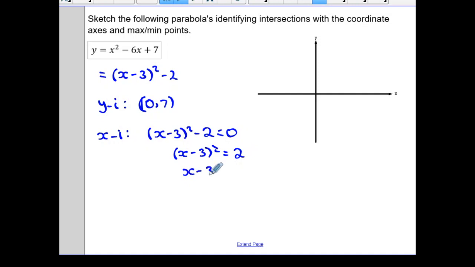Square root. Remember, we get plus or minus root 2, and then add the 3. So our x-intercepts are at 3 plus or minus root 2.